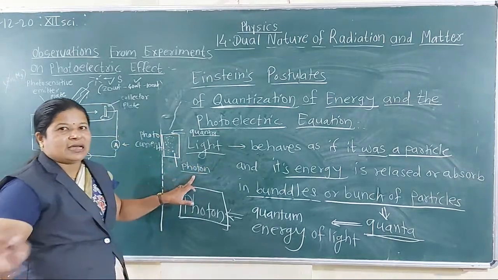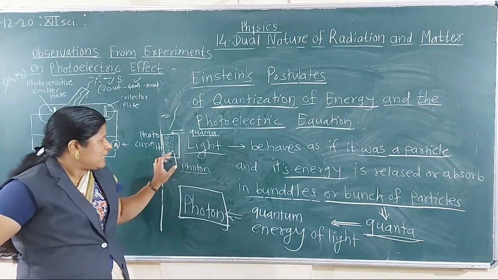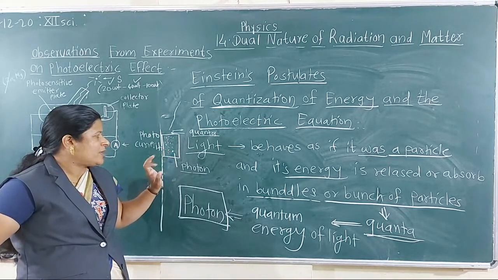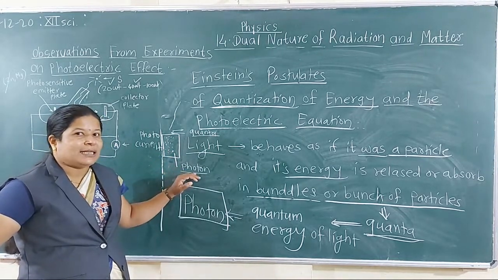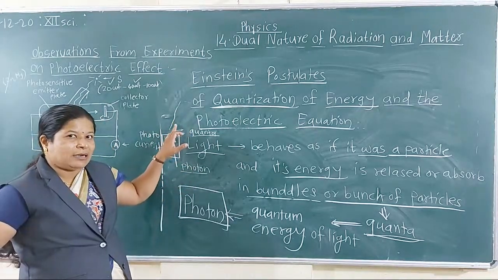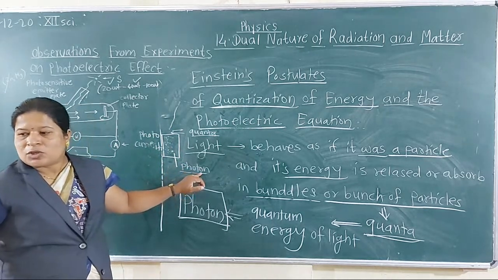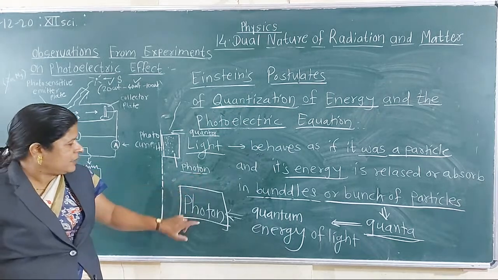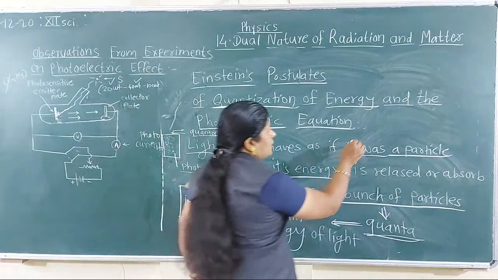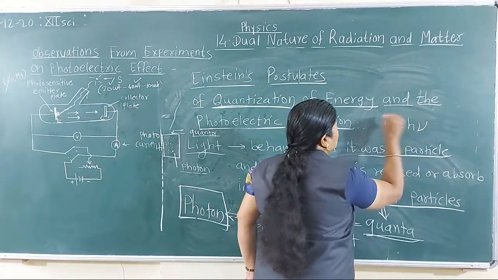We call it a photon, that means one quantum particle. Because it comes from light, we call it a photon, a photon with energy, and this energy is given by the equation E is equal to h nu.